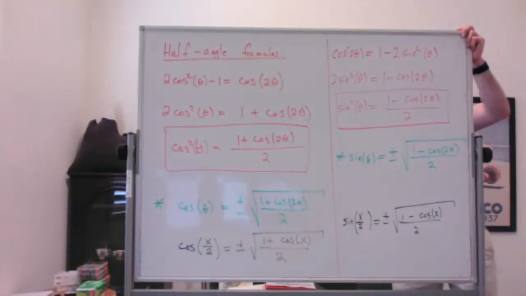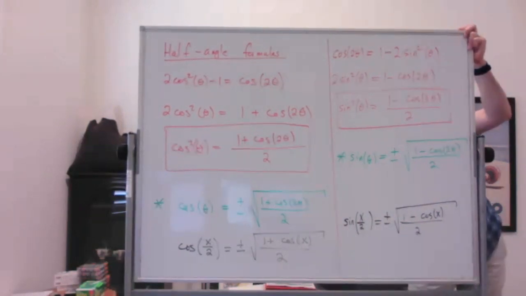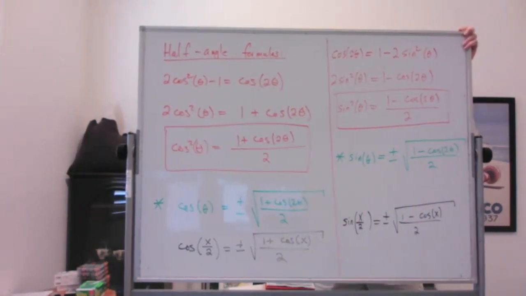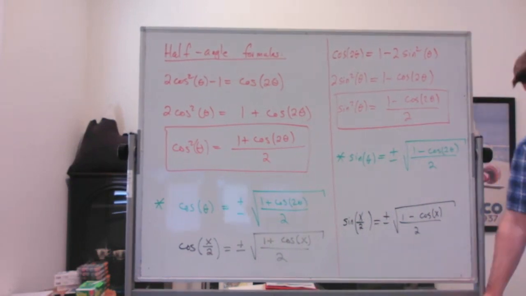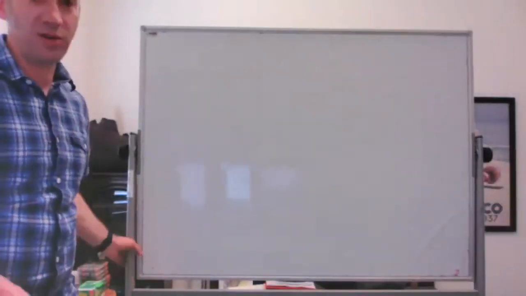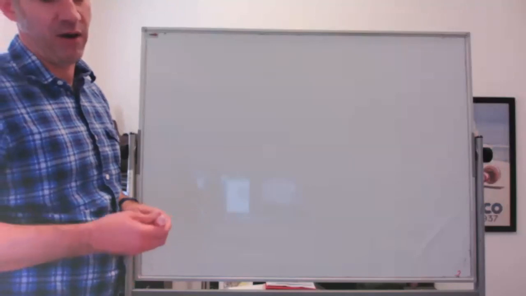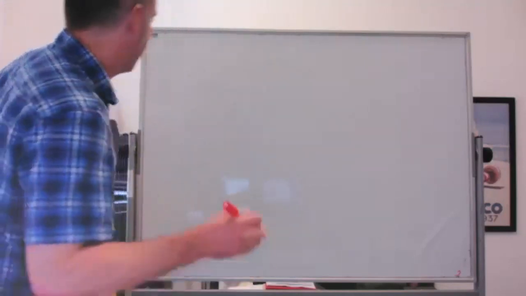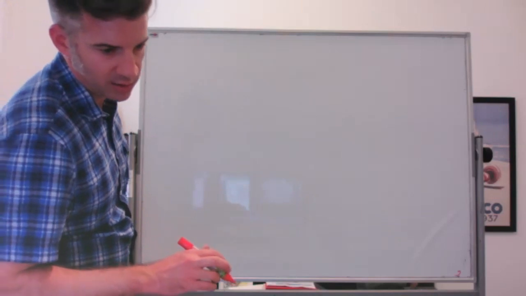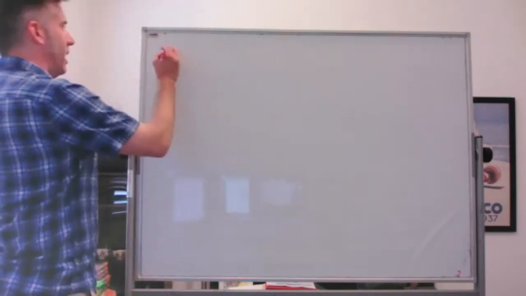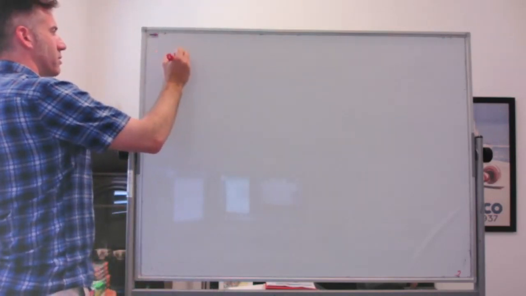All right, so let's do some examples. There's really only one type of angle where you really use the half angle formula. There are two where you kind of can, but one of them is kind of awful and not necessary. So let's find sine of 22.5 degrees.